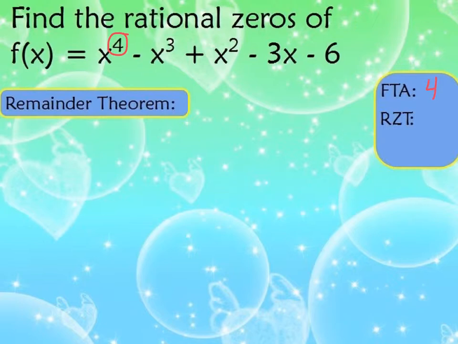All right, so on this one, the rational zero theorem, looking back at that previous slide, says that all of your rational zeros will have the form p over q. P is a factor of your constant. My constant is a 6, or really a negative 6. So my factors of 6 are 1, 2, 3, and 6, over q.